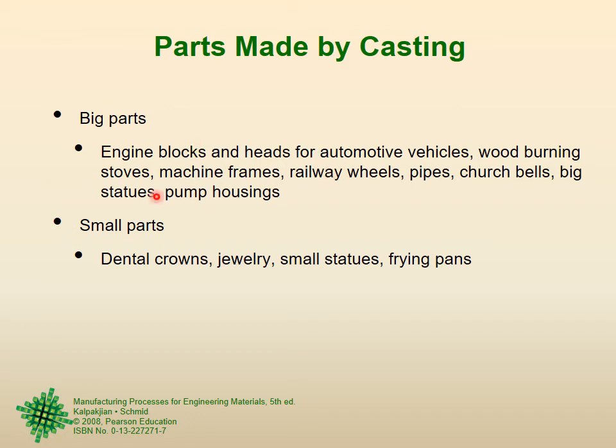Small parts: dental crowns. If your tooth is partially broken and they have to put a small metal part on top of it, that is a small thing. Jewelry, small statues, frying pans. So from very big engine blocks and heads to small things like dental crowns.